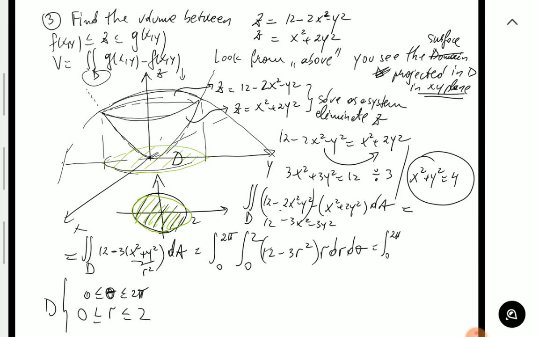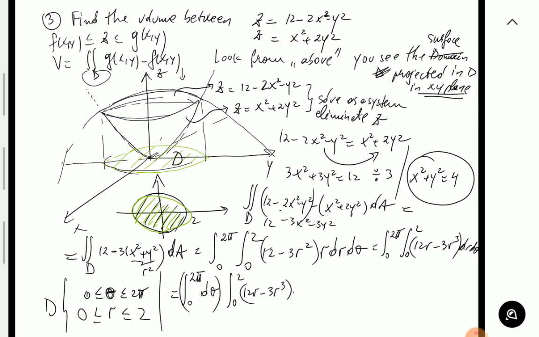Okay, so a little bit of algebra more. Here 12r minus 3r cubed dr d theta. And this again splits, hopefully you know the drill now, into a simple integral in theta and an integral in r. The integral in theta is just 1 d theta, so that's theta between 0 and 2 pi, so that becomes 2 pi.